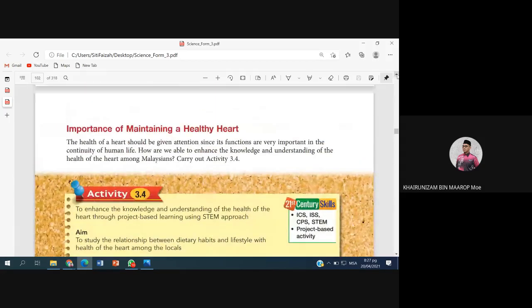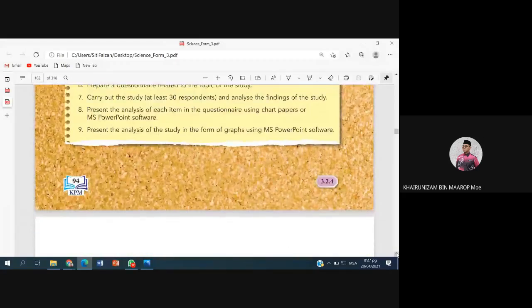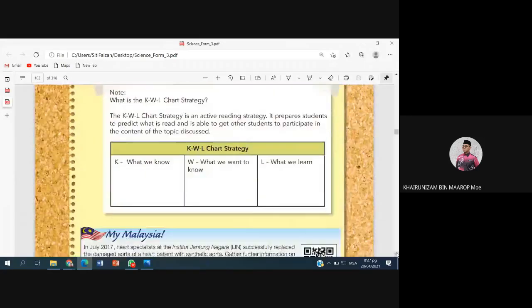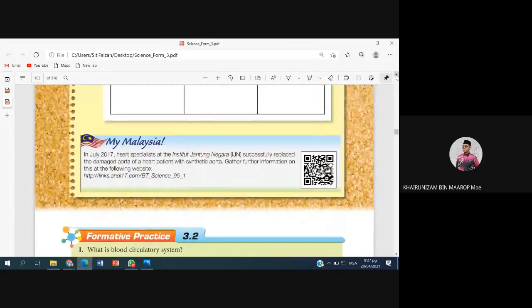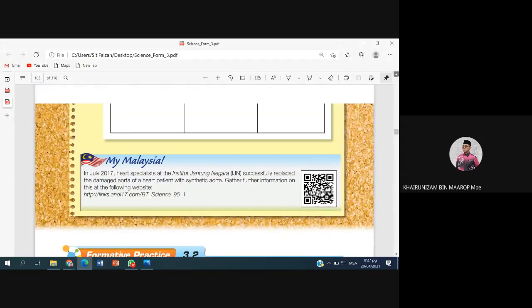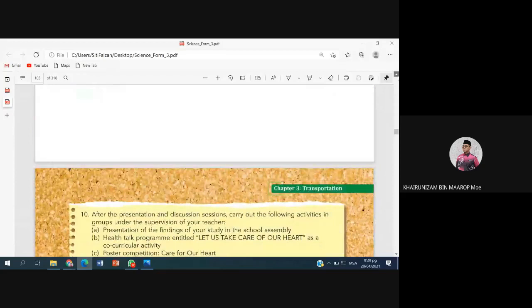So the importance of maintaining a healthy heart, actually this one you can read yourself, by doing this activity, or you can scan this barcode to know more about this information.